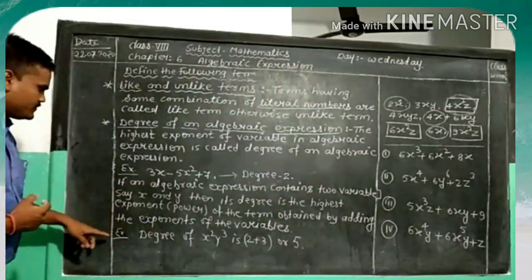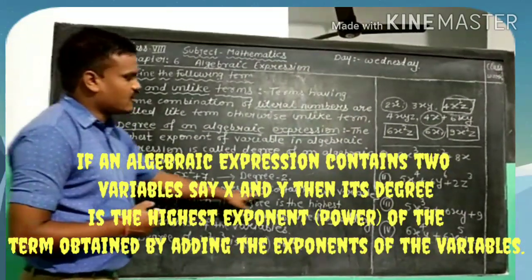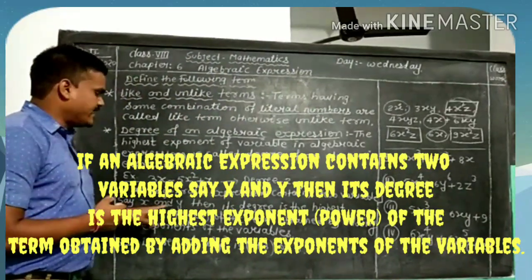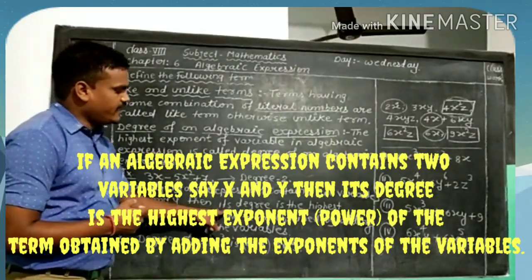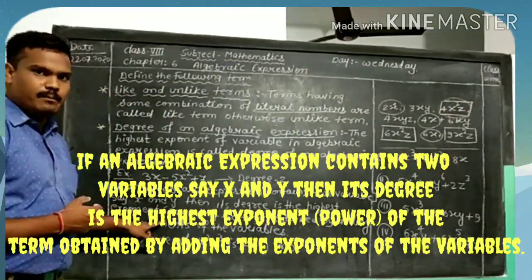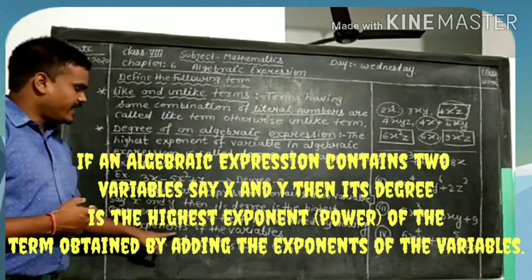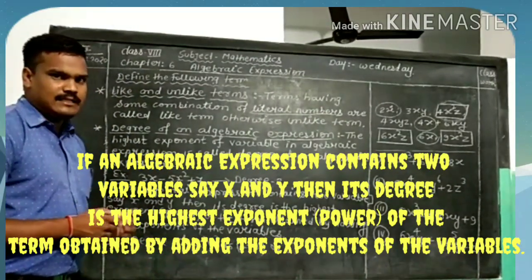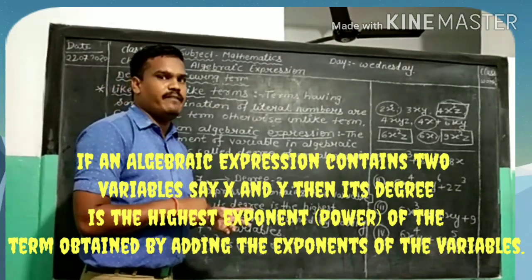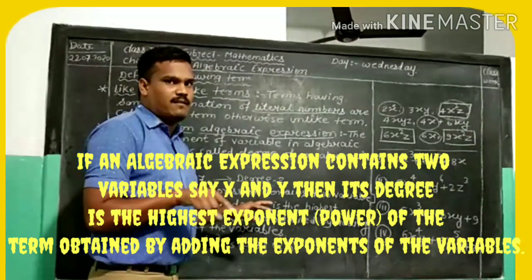Next part, if an algebraic expression contains two variables, say x and y, then its degree is the highest exponent, means power, of the term obtained by adding the exponents of the variables. Means if you are looking at more than 1, means 2 or 3 variables, there you have to add the total power.